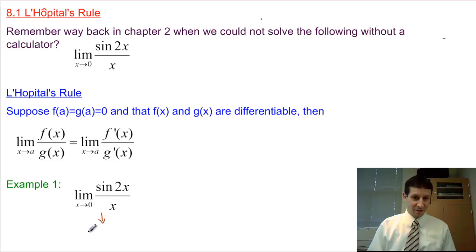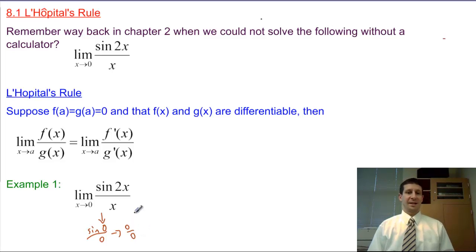I would end up with sine of 0 over 0, which is 0 over 0. So that doesn't help me, but it does fit the definition of L'Hopital's rule, which tells me that I can just transform this into another problem. That other problem would still be the limit as x approaches 0, but I can separately take the derivative of the top.